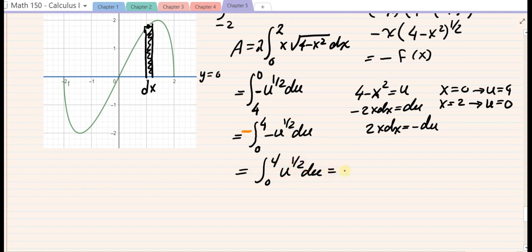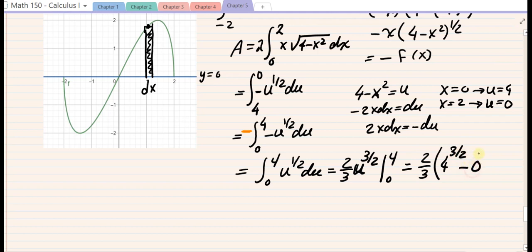evaluate now. Half plus 1 is 3/2, so this is going to be 2/3 u to 3/2. Evaluate it from 0 to 4. Plug in a 4, so I get 2/3, 4 to 3/2, minus 0 to 3/2, which is of course 0.